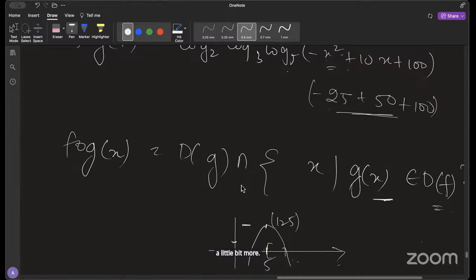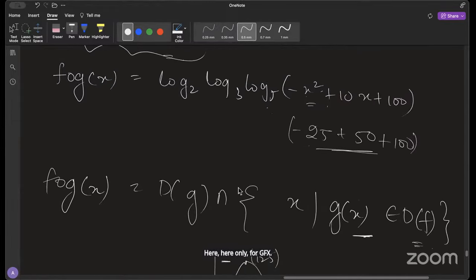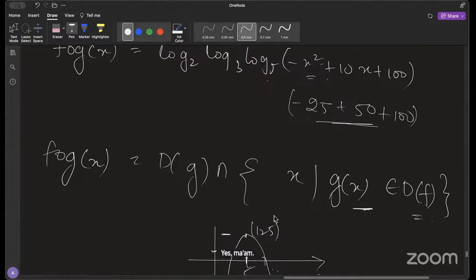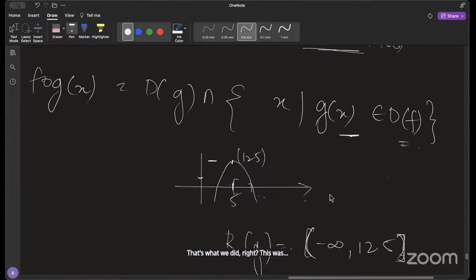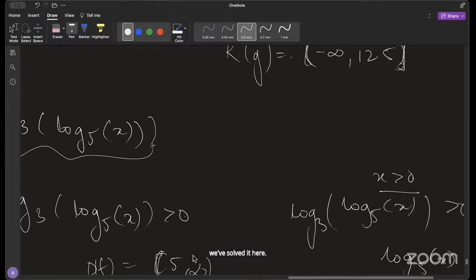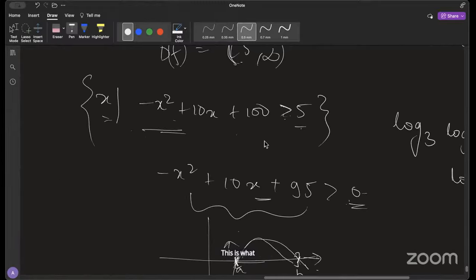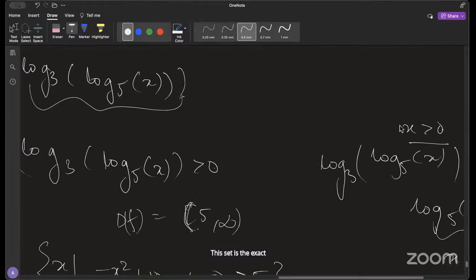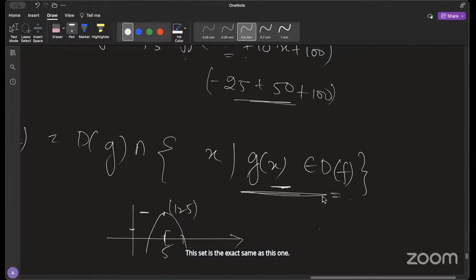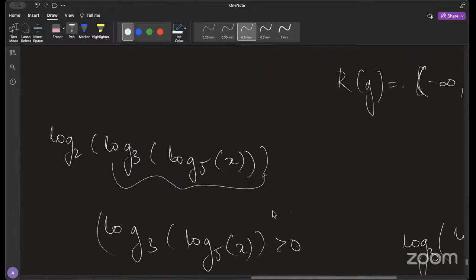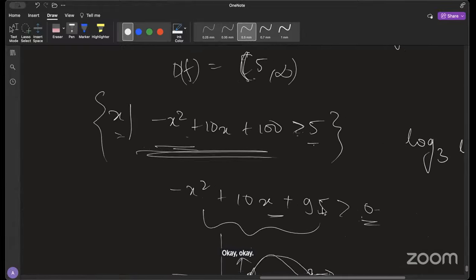Yeah, here only. FOG of X. That's what we did, right? We've solved it here. This set is the exact same as this one.